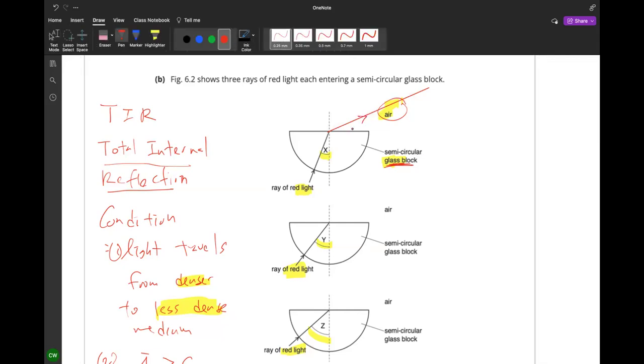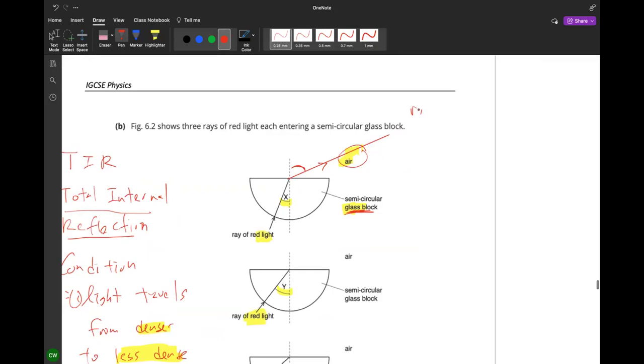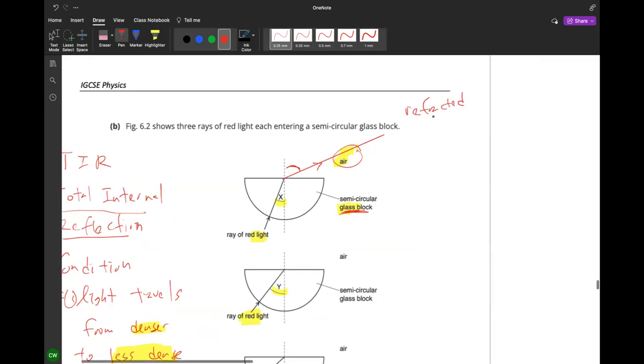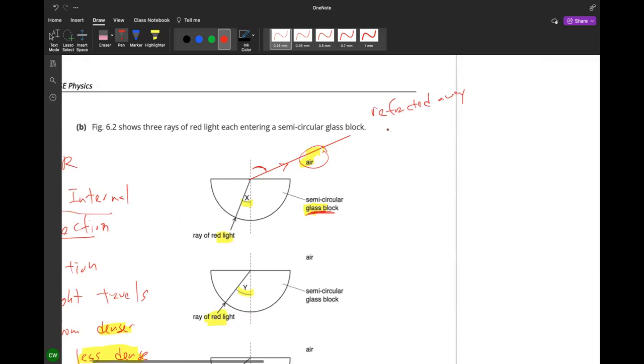When it's coming out, the angle becomes larger. We say it is refracted away from the normal. Why is it refracted away from the normal? Because in the glass, the speed is slower. When it comes out, density is less, so it can move faster.